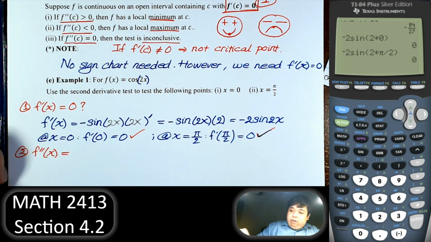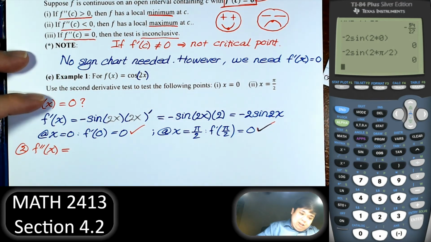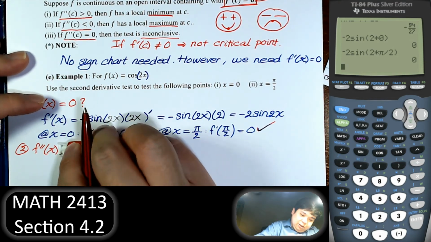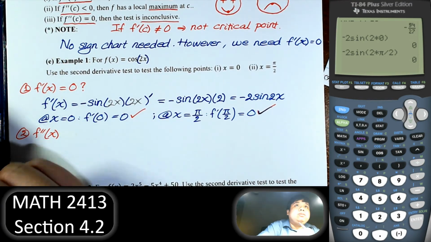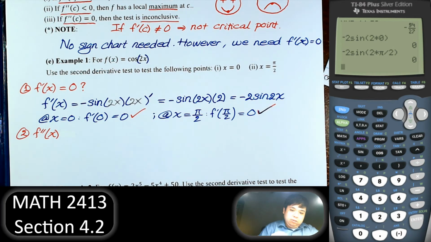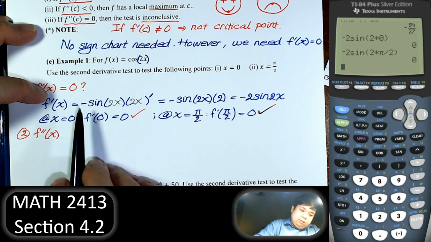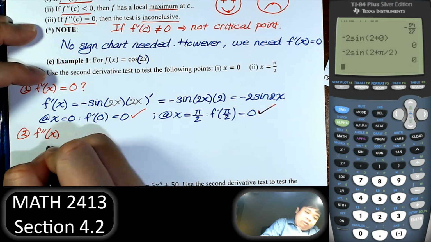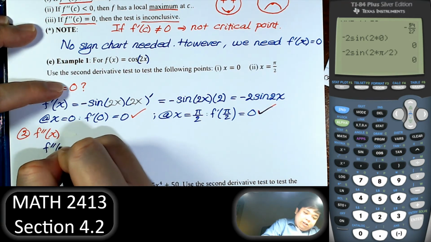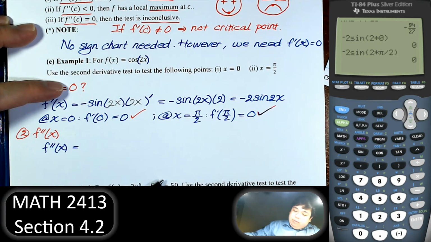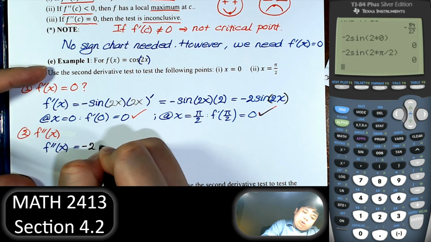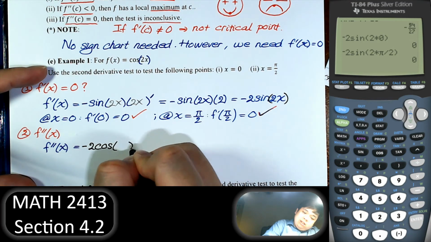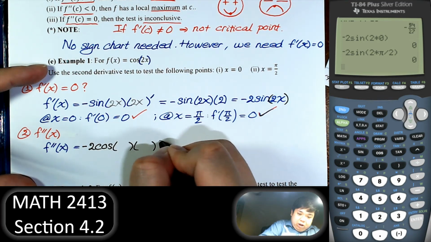Right. The second derivative is the derivative of the first derivative. So once again, I'm going to use the chain rule. The derivative of -2 times sine of something is -2 cosine of that times the derivative of the parentheses.